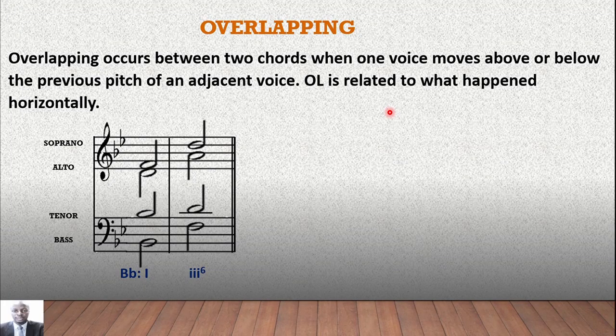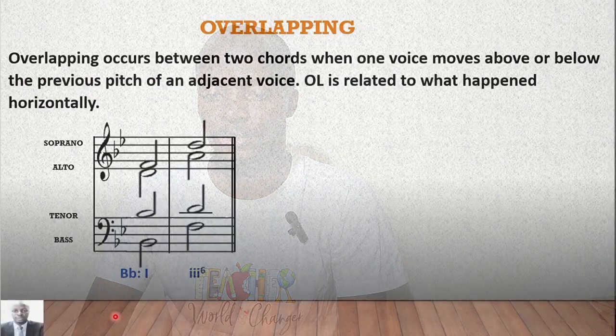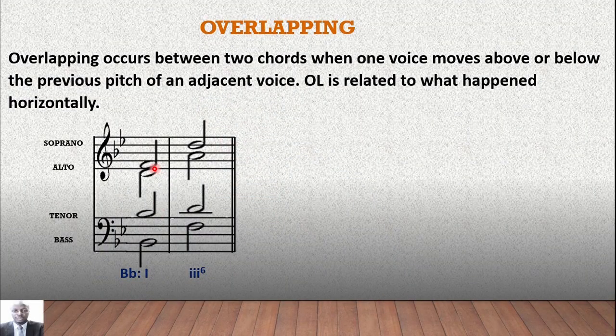What is overlapping? Overlapping occurs between two chords when one voice moves above or below the previous pitch of an adjacent voice. So an example of overlapping is what we have before us here. In this case, the alto is moving above the soprano. So this is overlapping.